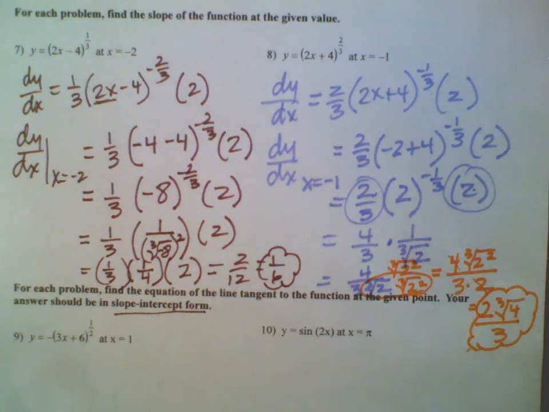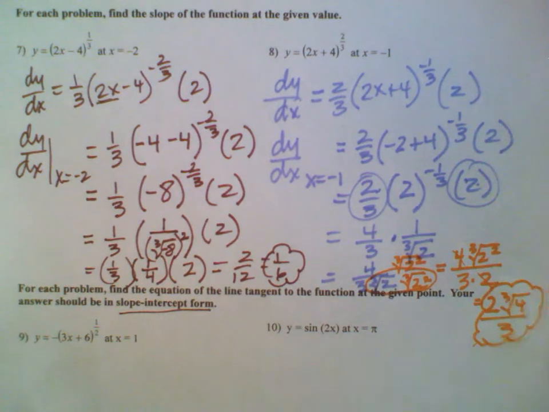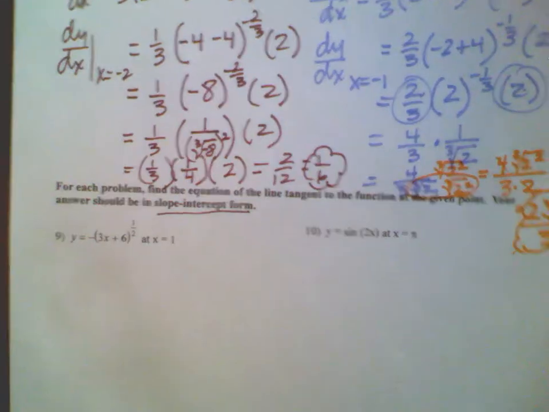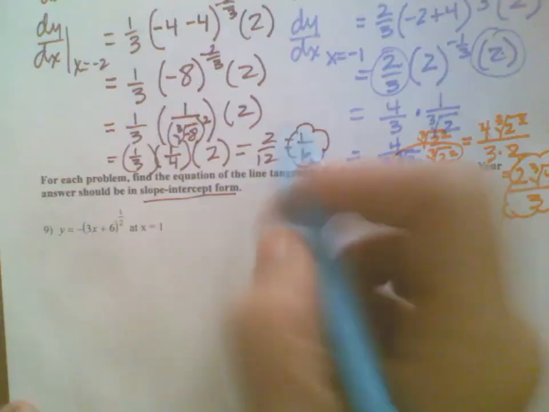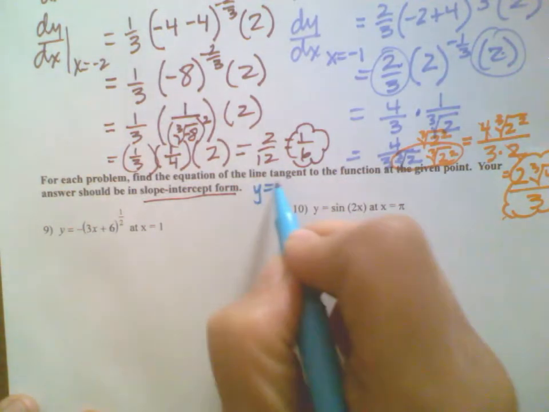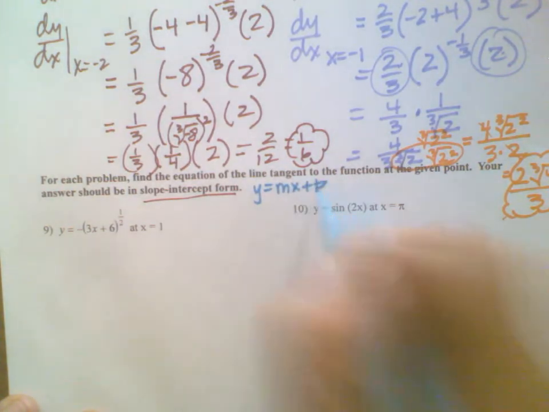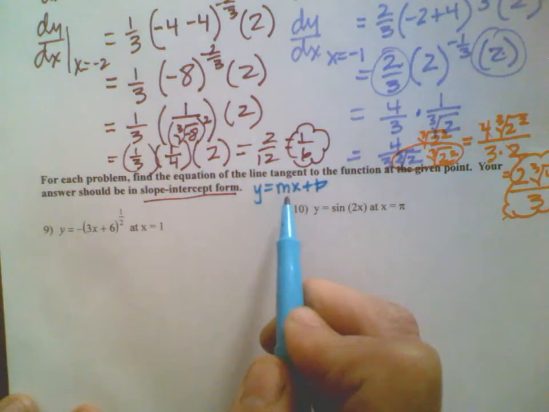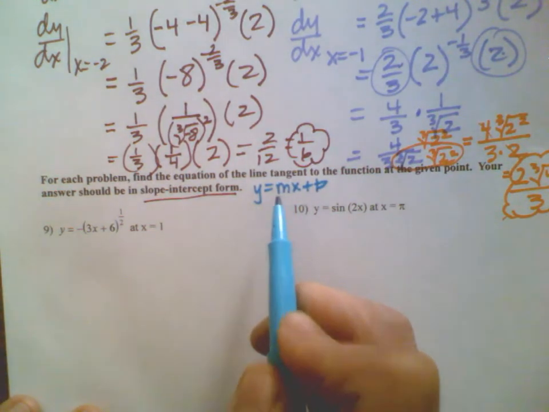Okay, so got those kind of tough guys done. Now let's take a look at what if I have to find the equation of a tangent line in slope-intercept form. And when I do it in slope-intercept form, that is the y equals mx plus b form. In order to do that, I'm still going to use point-slope form.